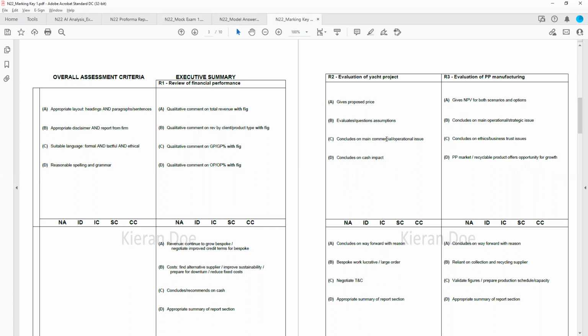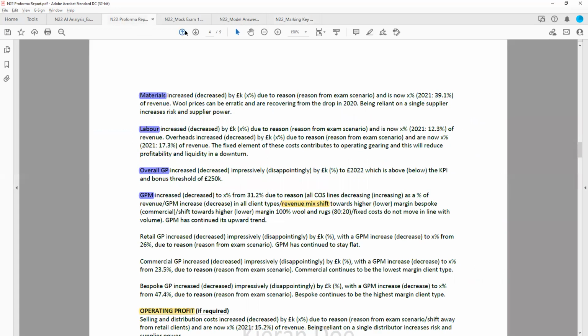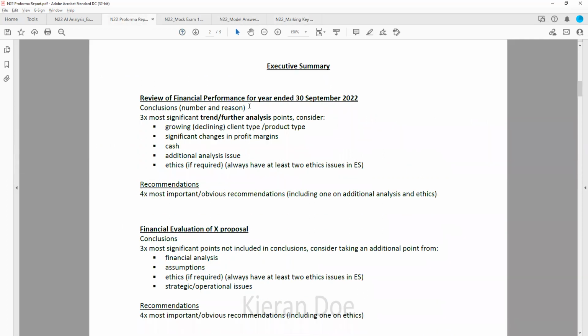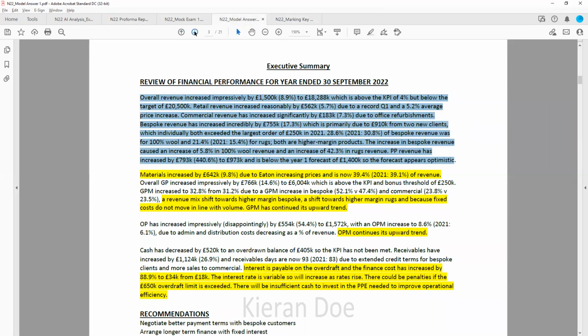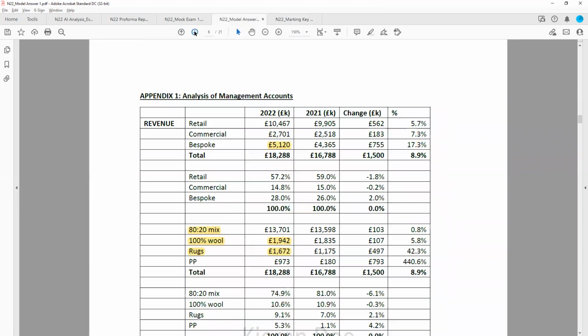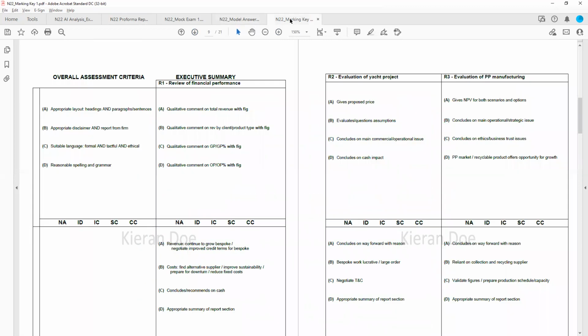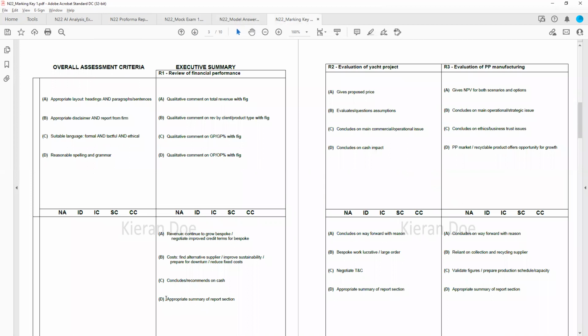What you then need to do is include some additional points and focus on points which are the most important to directors. Now, you might think to yourself, well, I could just bring in lots and lots of different points. Well, there's a limit to how many points you can bring in because it has to be an appropriate summary.